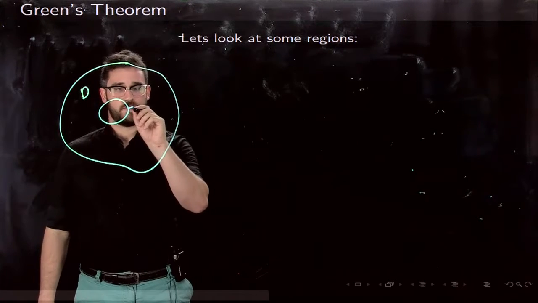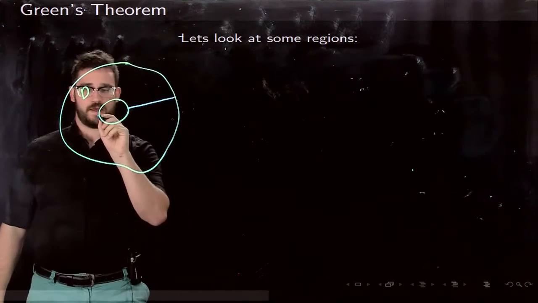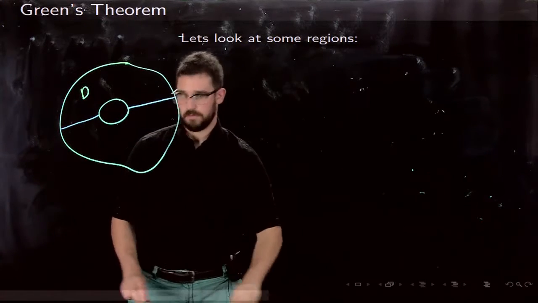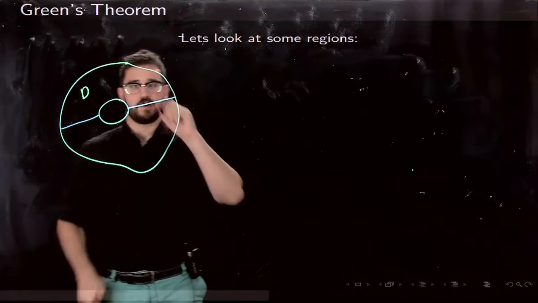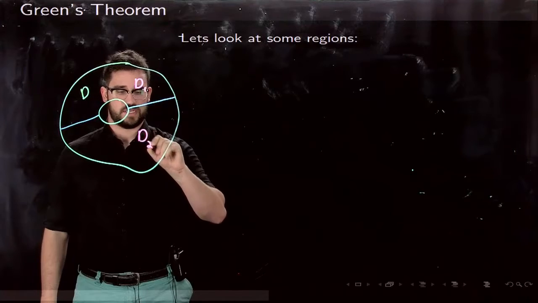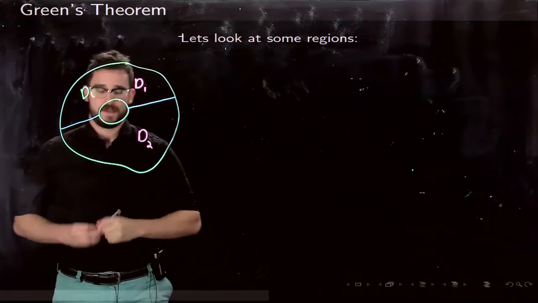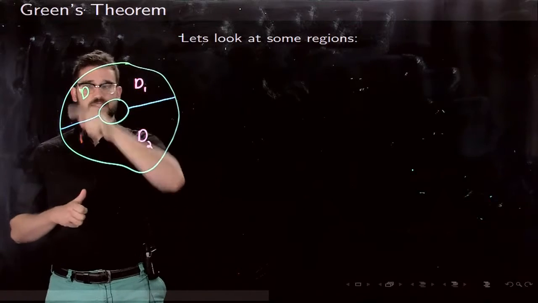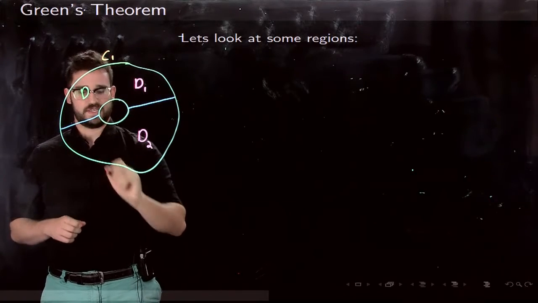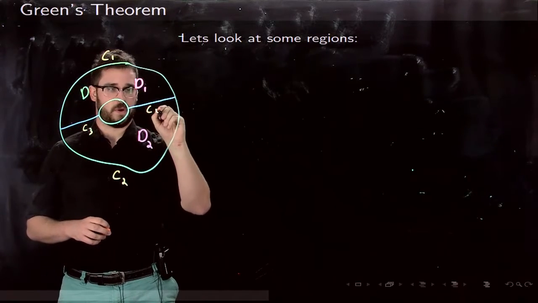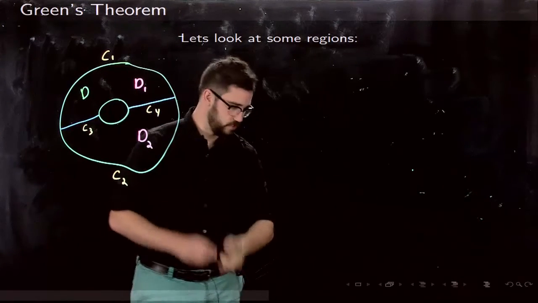So we put a line here and a line here, and we have a deformed Pokeball, but we can call this region D1 and this region D2. Okay? Now, in order to have our orientation, let's make this line C1, this line C2, C3, C4.